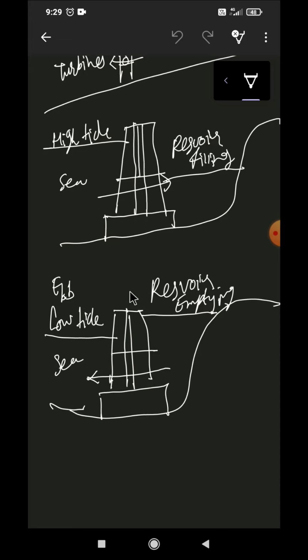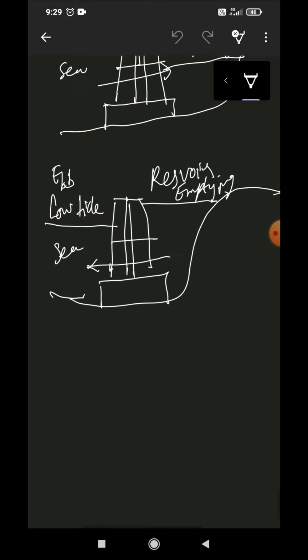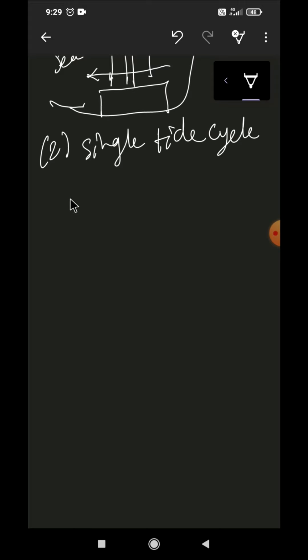So in the single tide cycle system, the generation is effected when the sea is at flood tide.